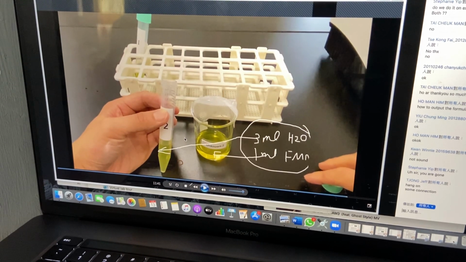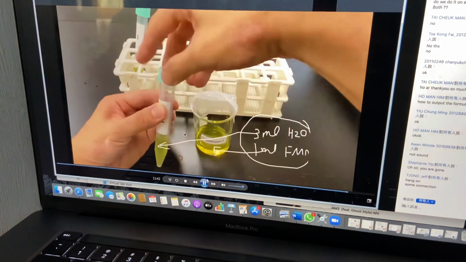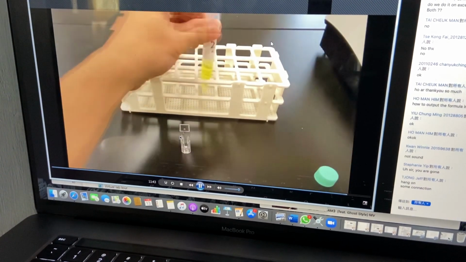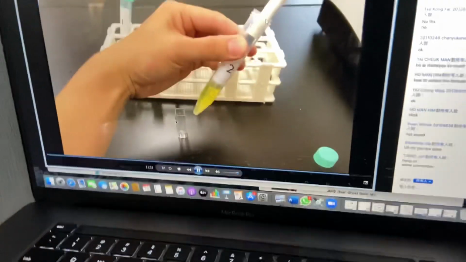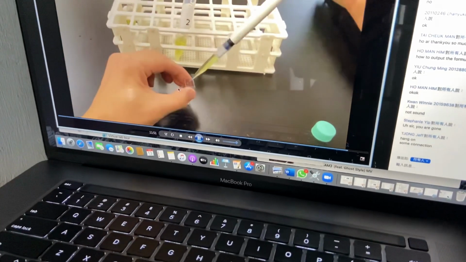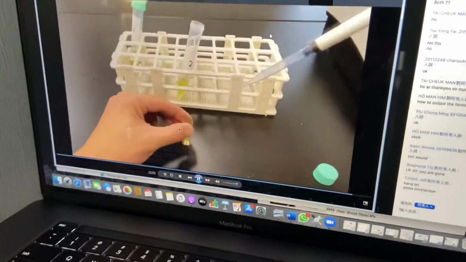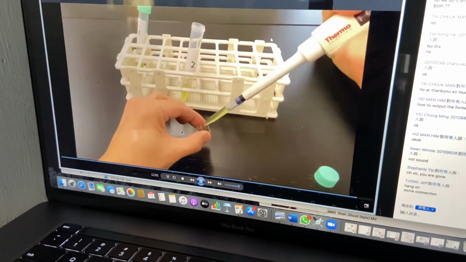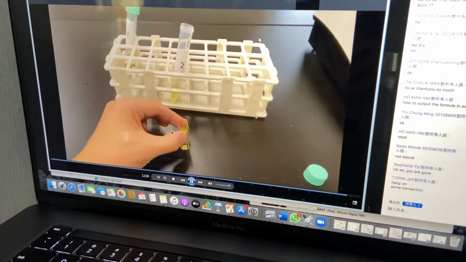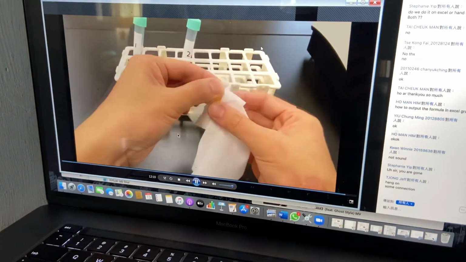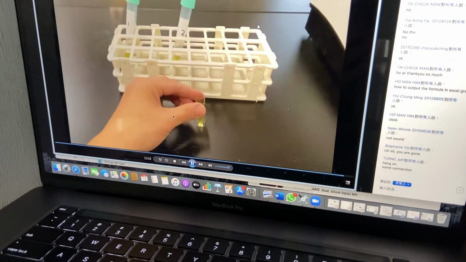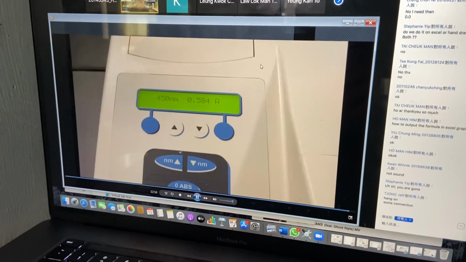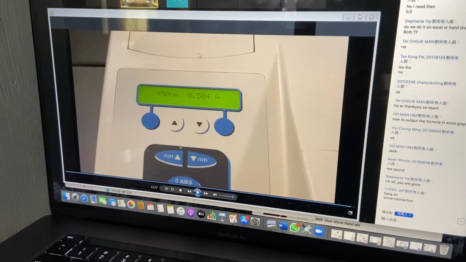Okay, so copy the numbers down for tube 2.